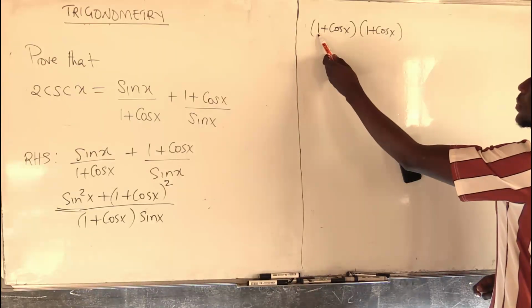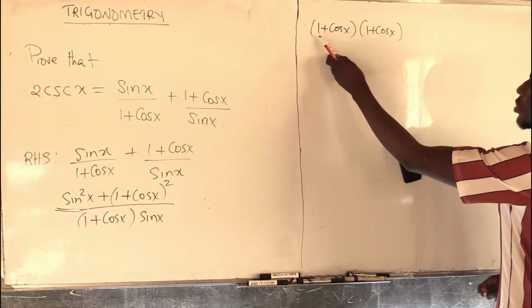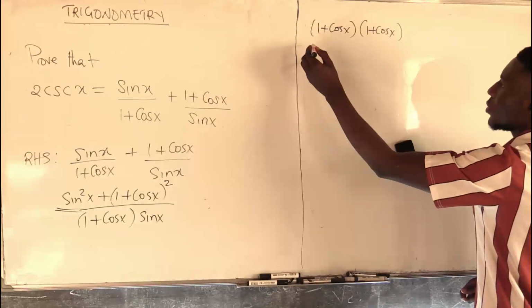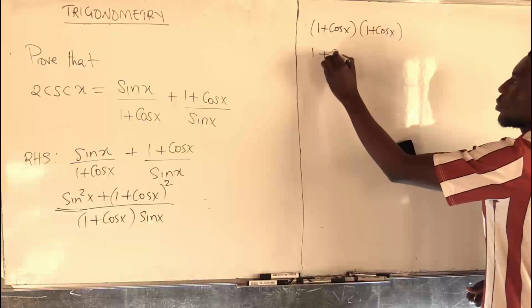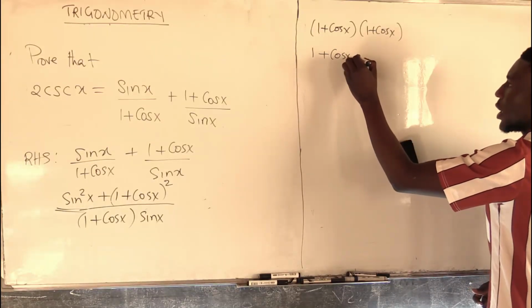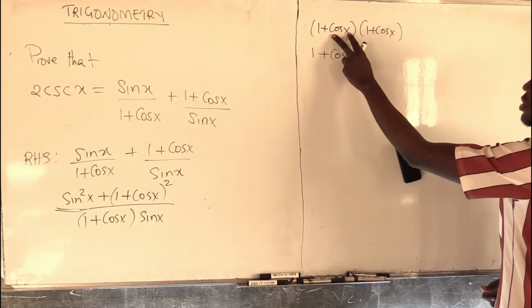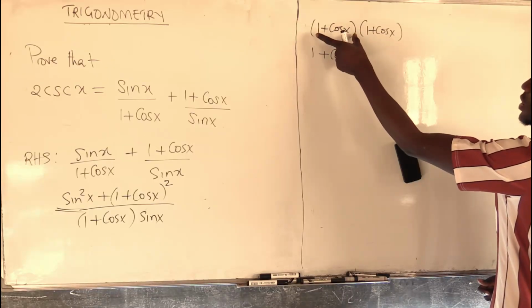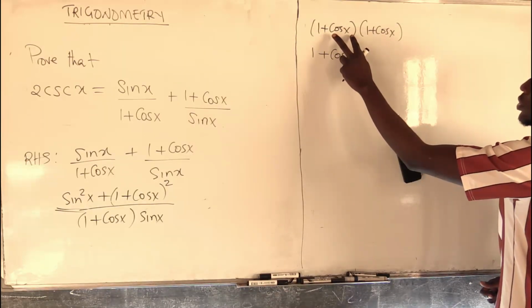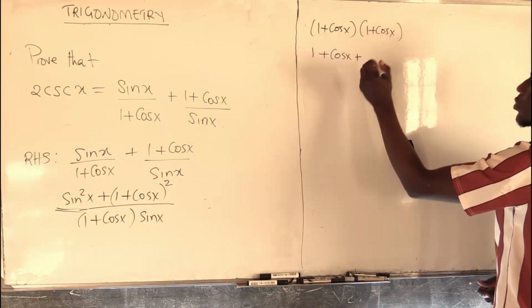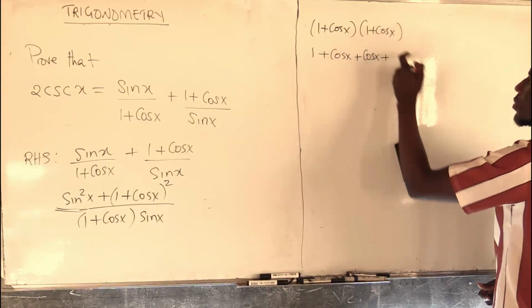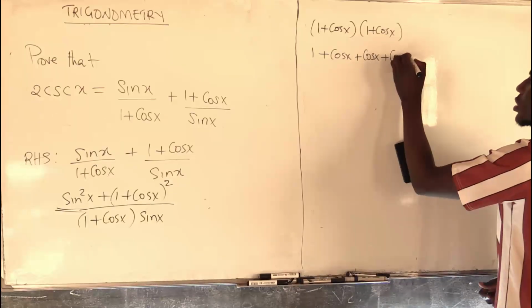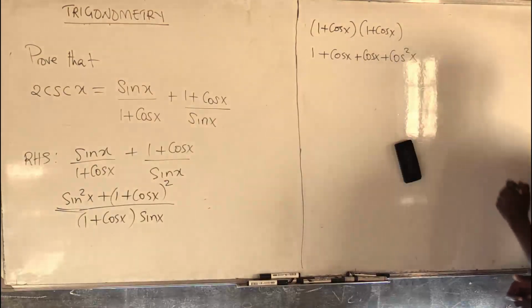We multiply the first part with everything in the second. So 1 times 1 is 1 squared, which is the same as 1, plus 1 times cos x will be cos x, plus, we now come to the second part of the first binomial. So we have cos x times 1 to be cos x, then plus cos x times cos x. This is cos squared x.